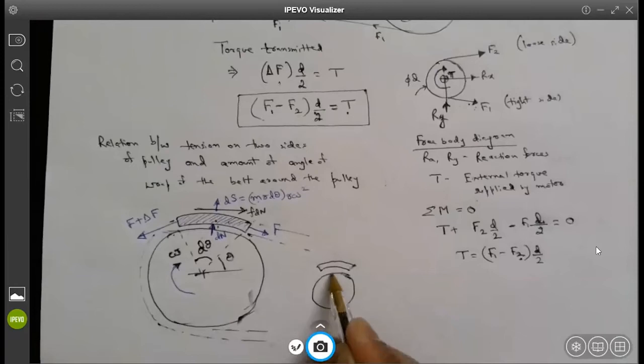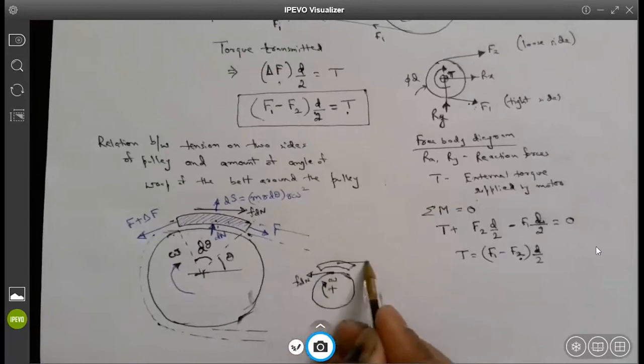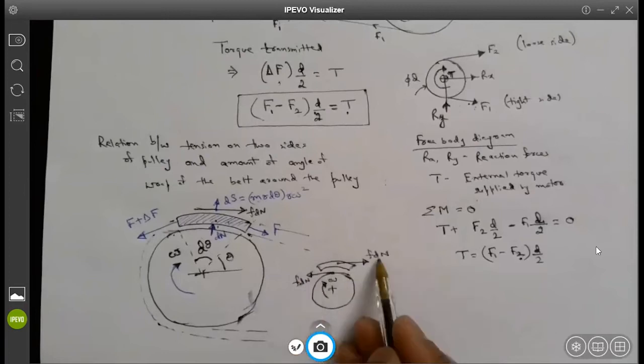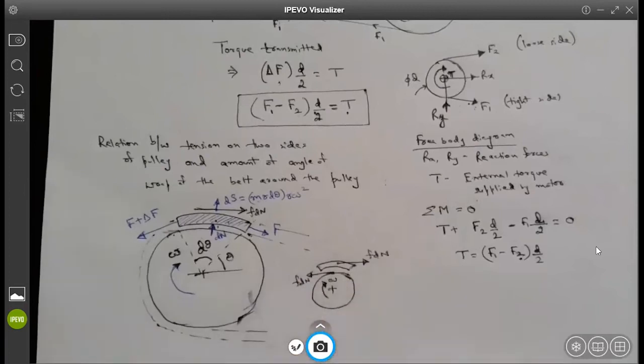Since it is rotating clockwise, because of the belt, there will be a friction force on the pulley opposing the motion here. But on the belt, it will be like this, because relative to the pulley, the belt is basically slipping out. So it experiences a friction force in the right-hand direction. Are you guys able to get that?